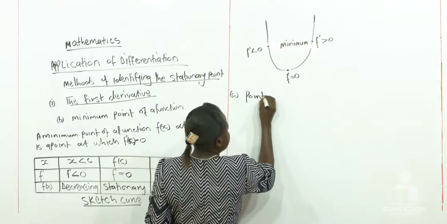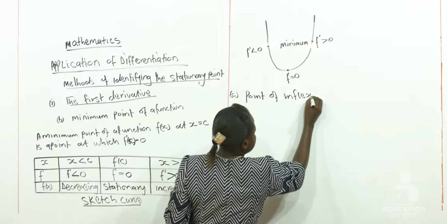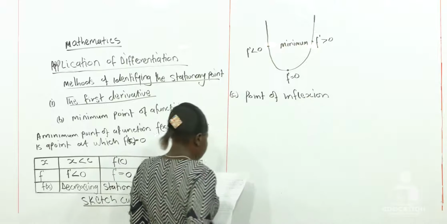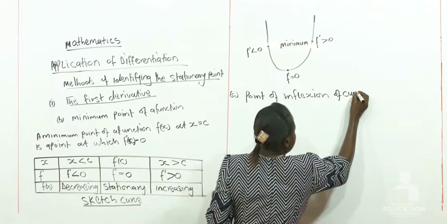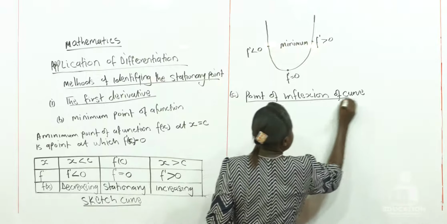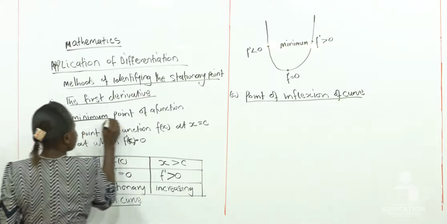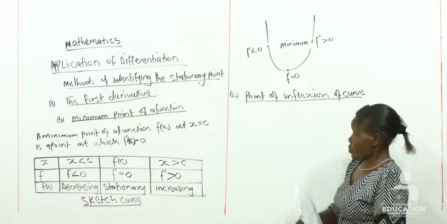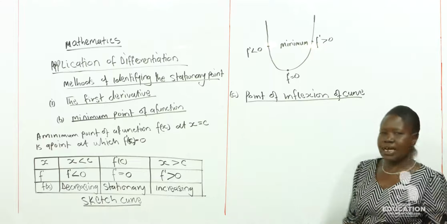Point of inflection. So the point of inflection of a curve is not going to be like the two we looked at, the minimum and the maximum, because with a minimum and a maximum there will be an increase and a decrease.